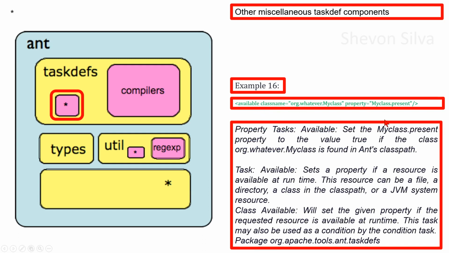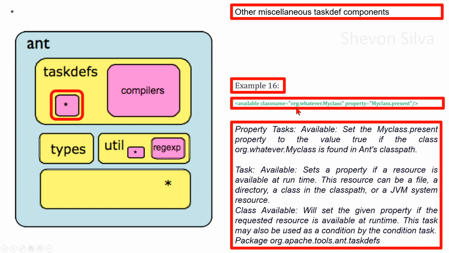Now we are considering available in property tasks. Here, set the myClass.present property to the value true if the class org.whatever.myClass is found in the Ant classpath. Task available sets a property if a resource is available at runtime.